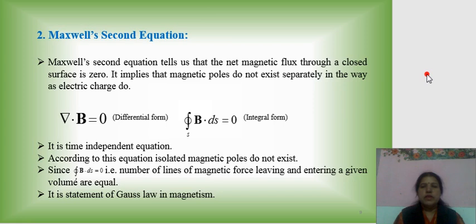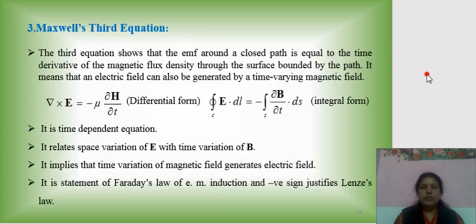Now Maxwell's third equation. The third equation shows that the EMF around a closed path is equal to the time derivative of magnetic flux density. Here this EMF around a closed path is given here, hence here C is used. C, that is a contour, because length is given, path is given as dl.